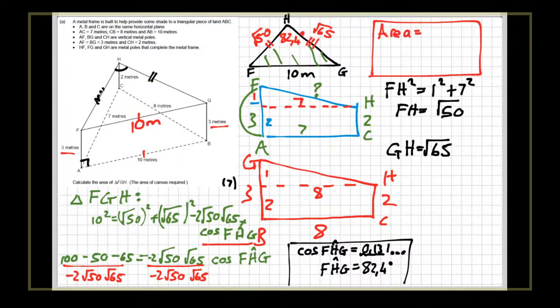The area, which is a half times one side, times the other side, times sine of the angle in between, 82,4 degrees, which means you get an answer, if my calculations are correct, 28,3 square meters.